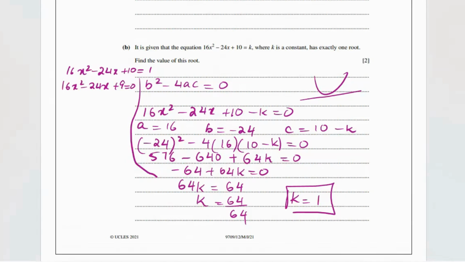Factors of 144 that we can use to replace 24 is 12 times 12. So 16x squared minus 12x minus 12x plus 9 equals 0. 16x squared and 12x have 4x in common. So 4x bracket 4x minus 3. 12x and 9 have again 3 in common. So that's going to be 4x minus 3 equals 0.